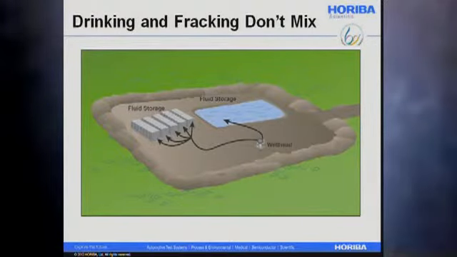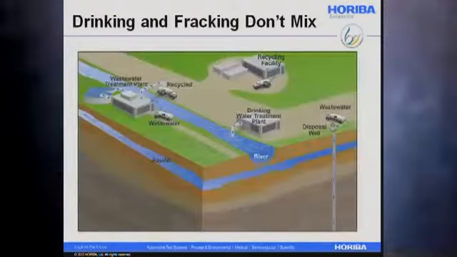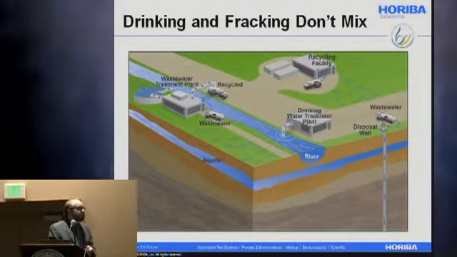Rather, what they're concerned about is the fact that when the water comes back up after they induce the fractures, and they collect and store this water, it's how they dispose of this water that's of most concern for the disinfection byproducts. Of course, in many cases, they take the water to recycling facilities or wastewater treatment plants, with very high concentrations of the bromide and the chloride that play a role in these disinfection byproducts.